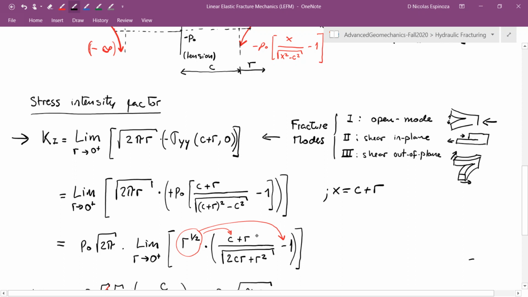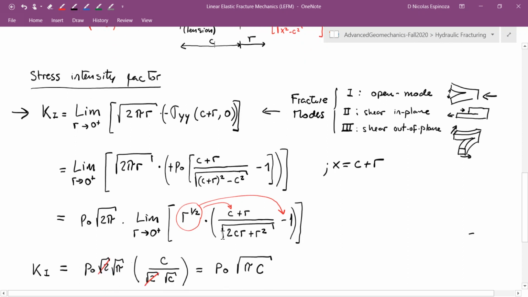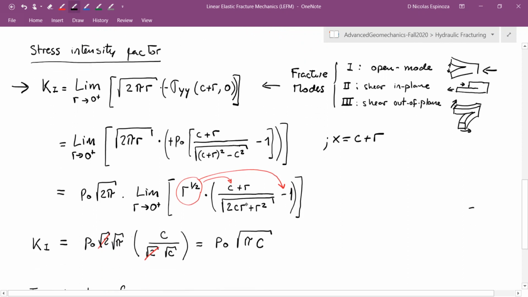And the same here, as r to the 3 over 2 is not going to cause me any problems as that goes to 0, but that's going to simplify the denominator. And it's going to simplify it in a way in which this r is going to cancel out, and here this r is just going to tend to 0. So as that tends to 0, the only thing which is going to be left is c over square root of 2 times square root of c. And that's already taken the limit.